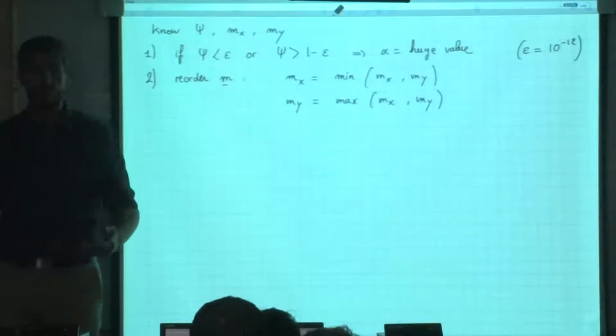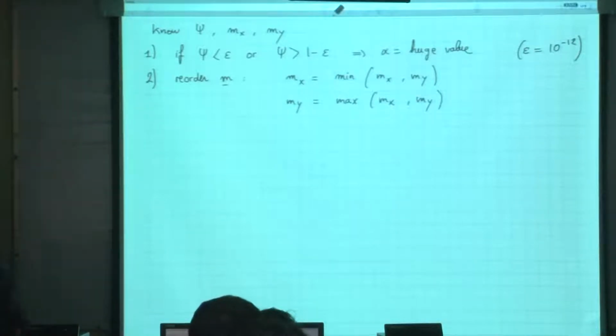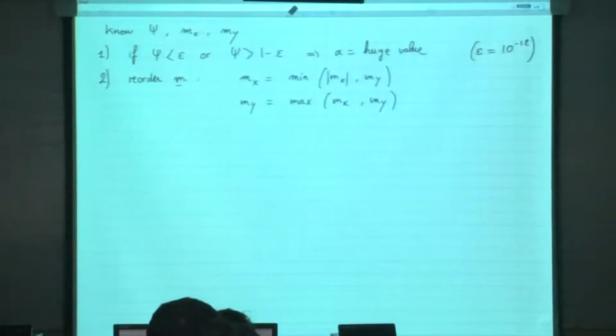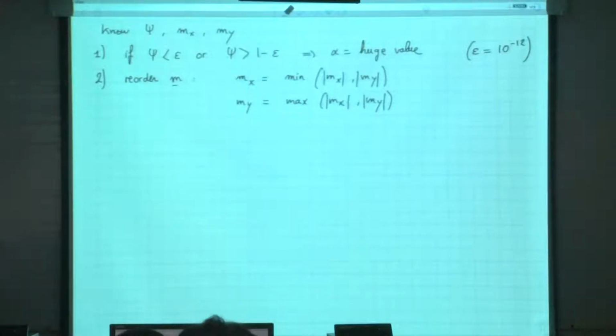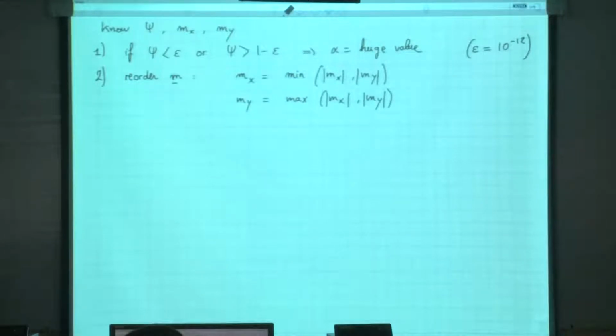So what I'm saying is I don't need to solve the full problem. I can always assume that I work with positive components of my gradient, of my normal vector. If they're not, I'll need to flip the sign of what I get in the end. That's fine. We'll need to do this. So now I know that my bottom left point is going to be wet, necessarily, and I know that the variation is going to be, well, my plane is going to be mostly in line in x.